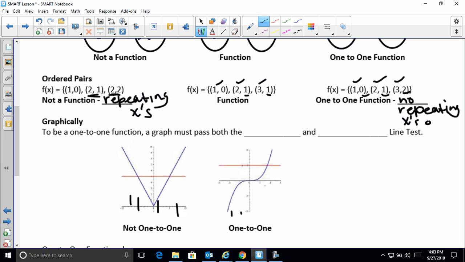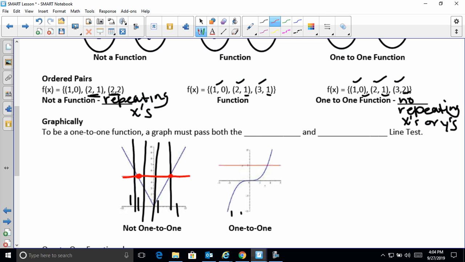Now what about from a graph? We know we determine if something is a function with the vertical line test. But to determine if something is also one-to-one, we do a horizontal line test, which we can see right here. Oh, found it. So that's a function, but it's not a one-to-one function.